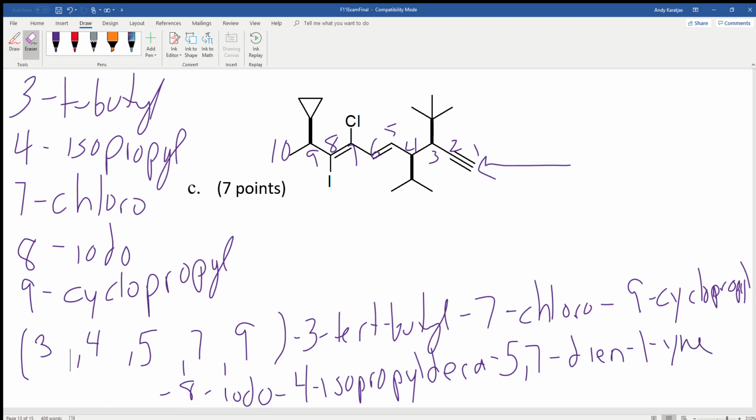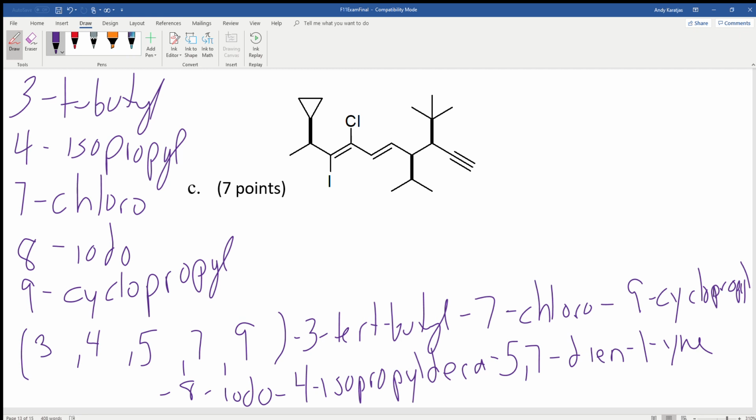Now we need to determine stereochemistry. So if we start at carbon 3, carbon 3 is one of the more challenging ones because we're differentiating between a tert-butyl and an alkyne.